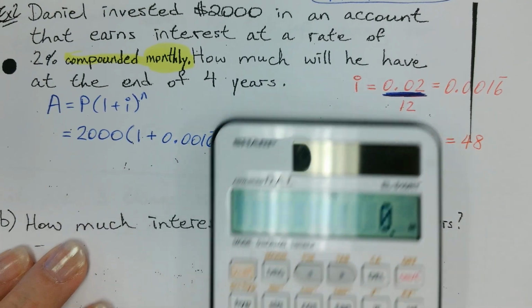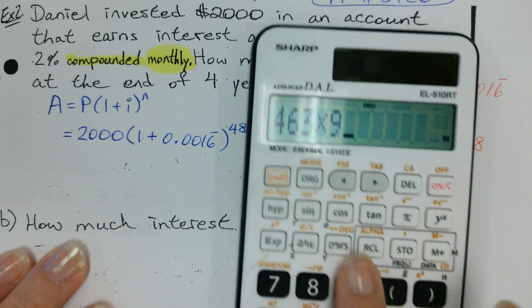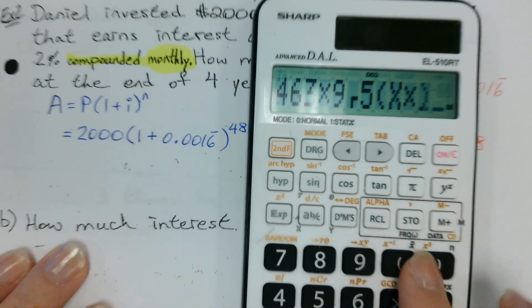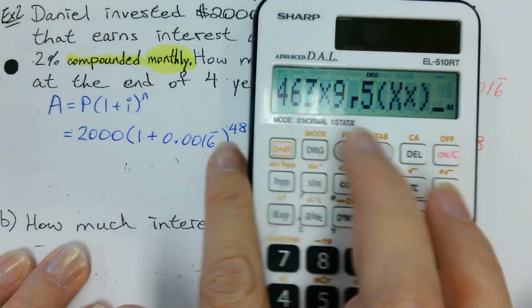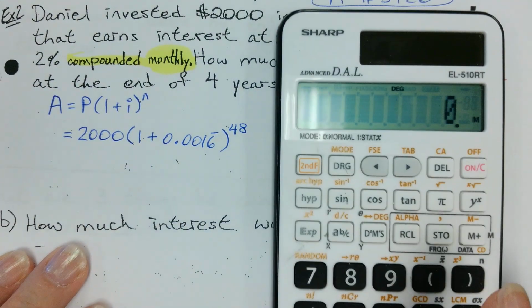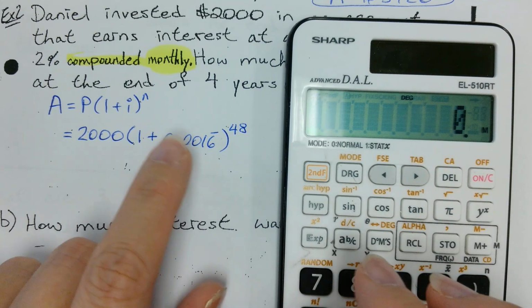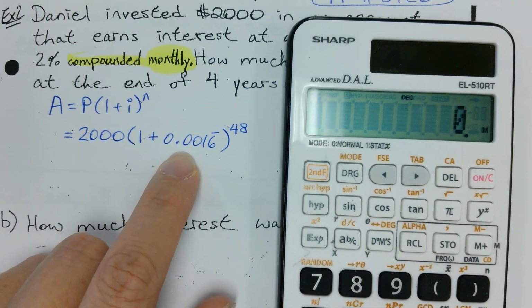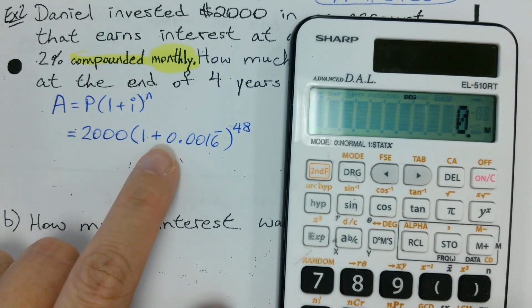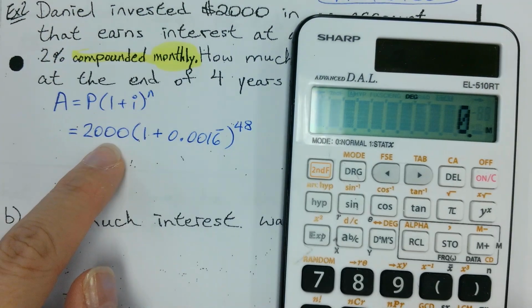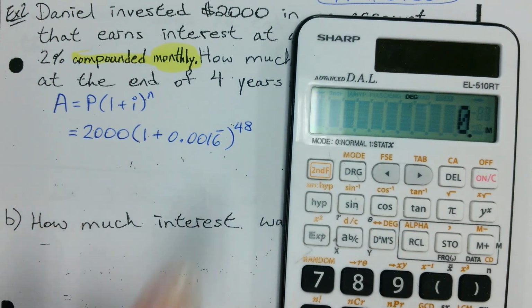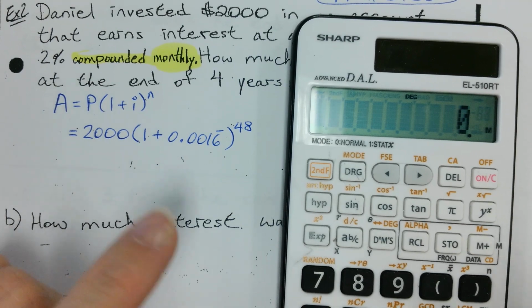If you have a calculator that shows you exactly what you're typing, then you can just type it in as is. If your calculator doesn't show you what you type, then you would have to do BEDMAS yourself: bracket, exponent, and then multiplication. I'll show it both ways.